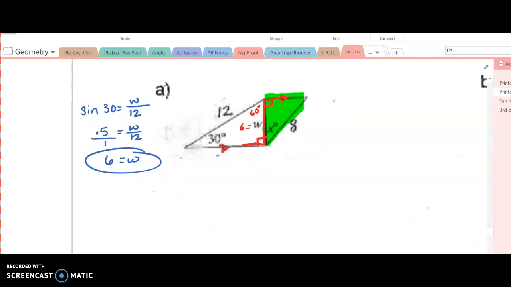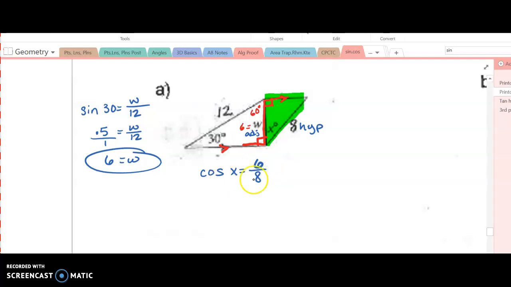On this one, this is hypotenuse and adjacent, since that's next to x, so this one would be cosine of x equals W over 8. Oh, but wait, we know W is 6, so we can plug that in.